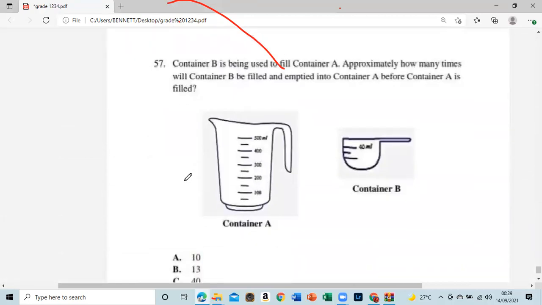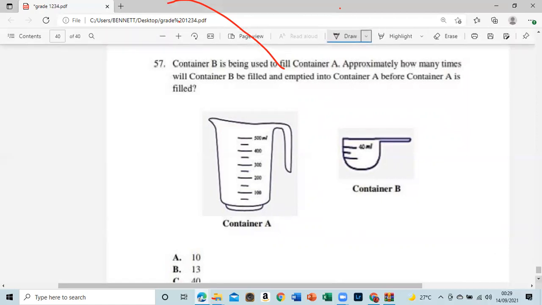57. Container B is being used to fill container A. Approximately how many times will container B be filled and emptied into container A before container A is filled? All right, so this is 40 milliliters, and to fill this one you need 500, right?